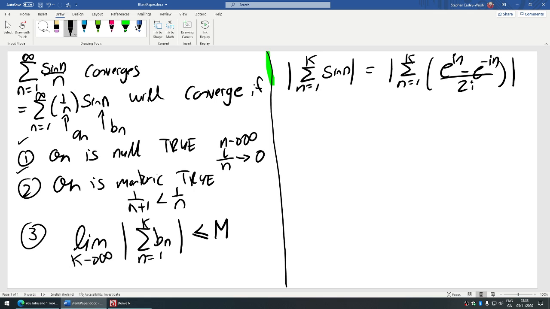That's an identity from the chapter on complex numbers. Each of these is actually geometric, but what I can do is take the 1 over 2i out, and then it's the first one minus 1 over 2i, and then the second one.